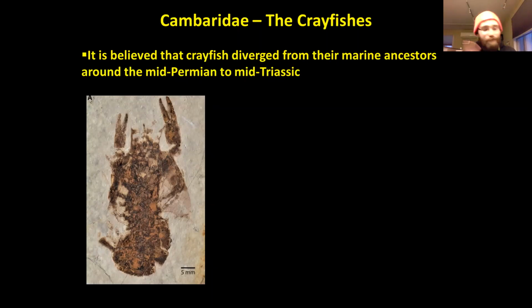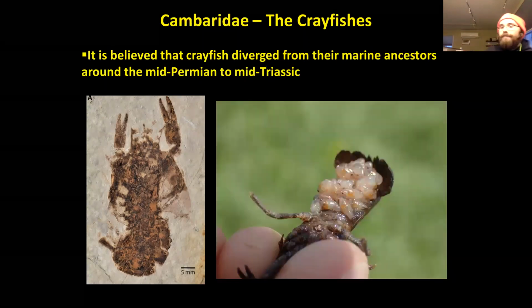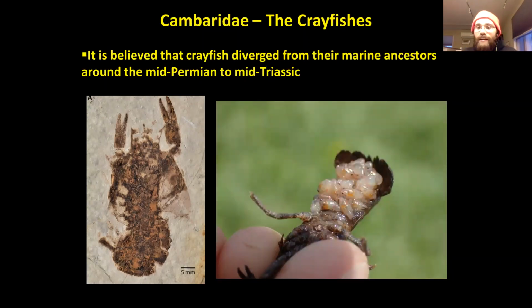So that's a problem. So crayfish, in order to overcome this, have babies that, when they hatch, look like little miniature versions of the adults. And female crayfish are very great parents. They will carry the little babies underneath of their tail.